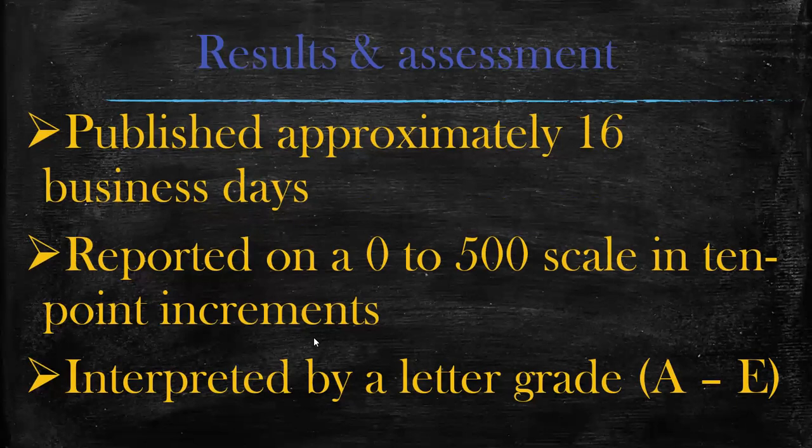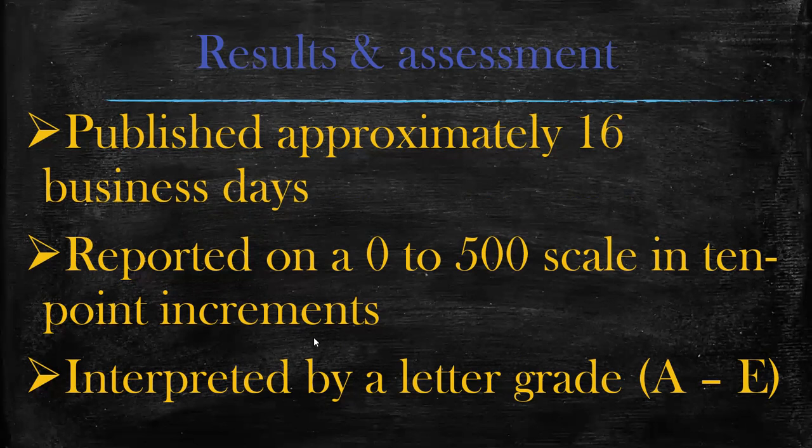The results are reported on a scale from 0 to 500 in 10-point increments. So you have 500, then 490, then 480, 470, till the very last one, which is 0. And these points are interpreted by a letter that is from A to E.